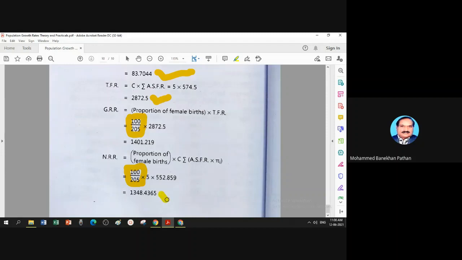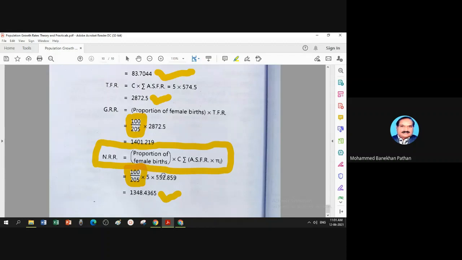Usually NRR is smaller than GRR. Now in this case, if I want to make interpretation by using NRR, I divide this number by 1000, it comes 1.348.